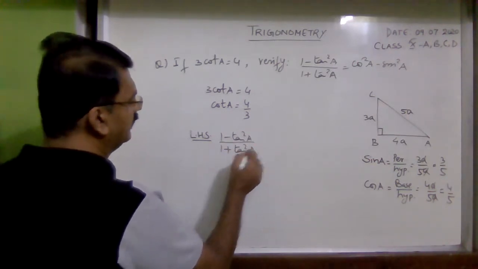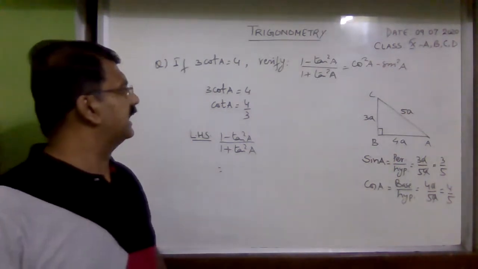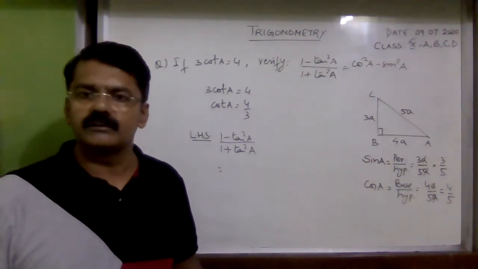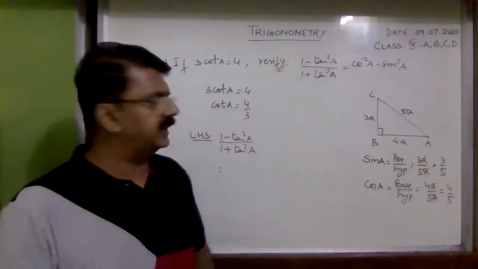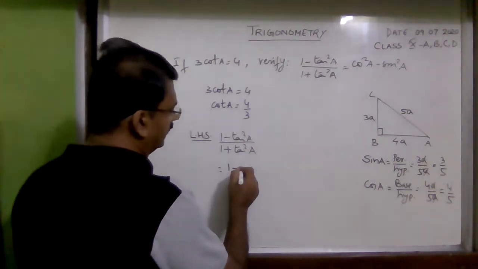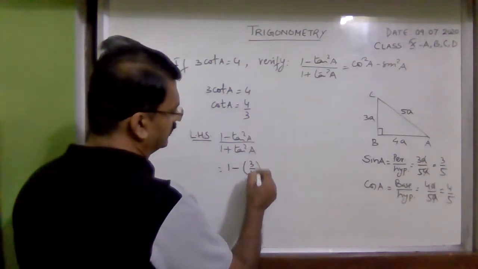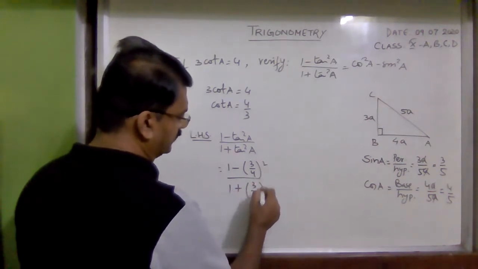Okay. Now see, if cot A is 4 by 3, then tan A will be 3 by 4, because I told you that cot A is reciprocal of tan A, means tan A is reciprocal of cot A. So in place of tan A you can write 3 by 4. So (1 minus 3 by 4 whole square) upon (1 plus 3 by 4 whole square).